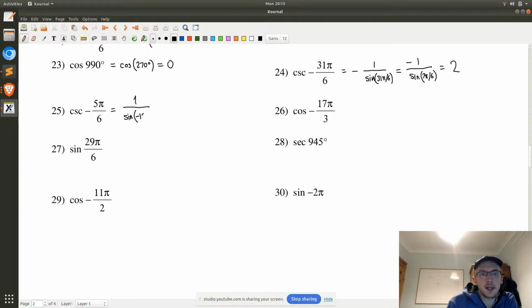Negative 150, which is negative sine of 150. And what is sine of 150? It's the same thing as sine of 30. So that's a half. So it's negative 2.